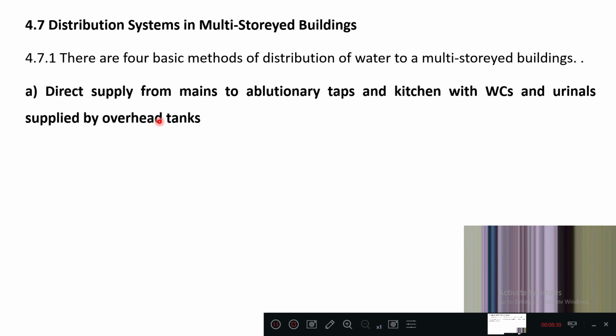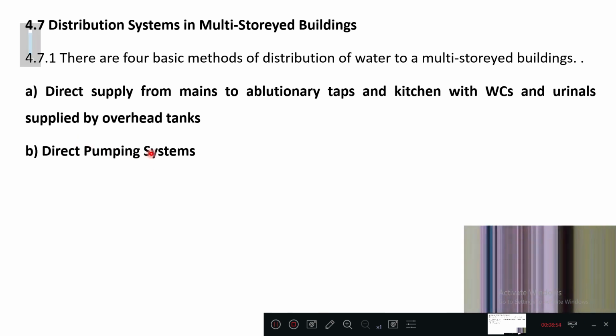Two things are there: direct supply to taps and kitchen points, and another supply from the overhead tank, which is for water closets and urinals. This is one type of distribution system in a multi-story building. Fixed question from the exam point of view. You understand this one?